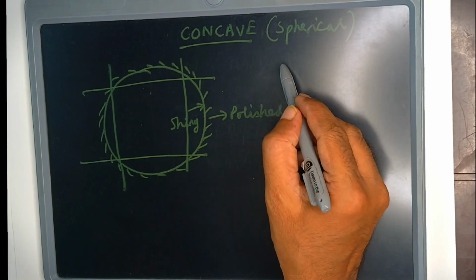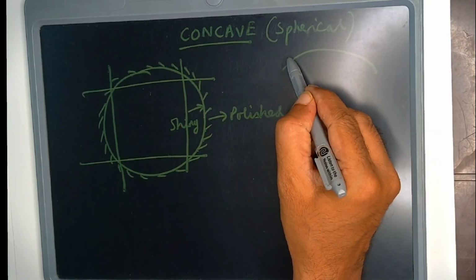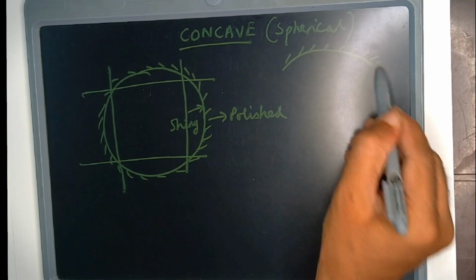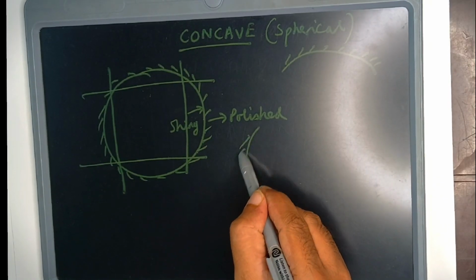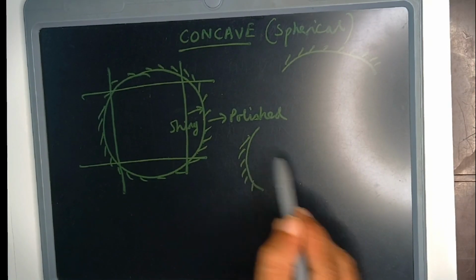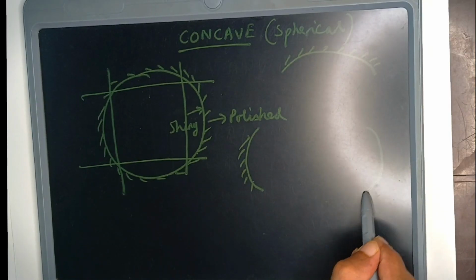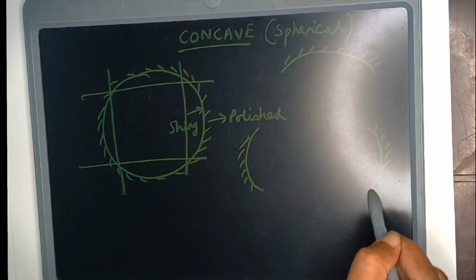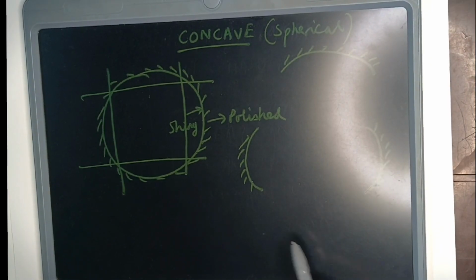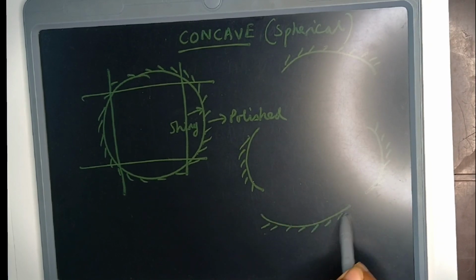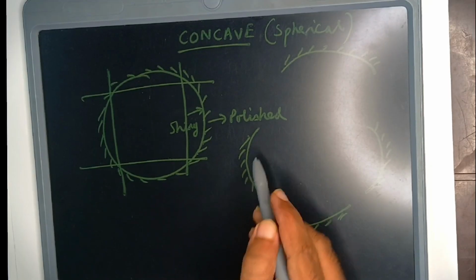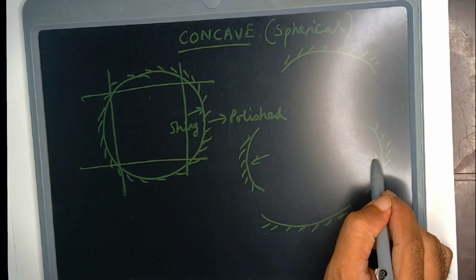So one shape would be like this, wherein the outside is polished. Other one will be this way, wherein the outside is polished and the inside is shiny. The other one will be this way, and the other mirror will be something like this, inside shiny and the outside polished. So all these are concave mirrors.